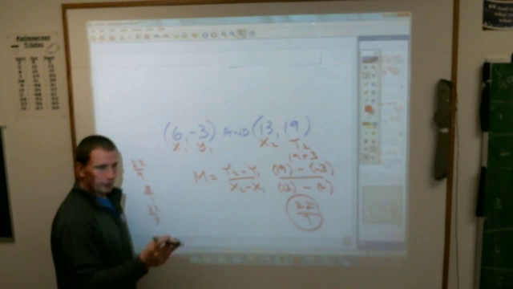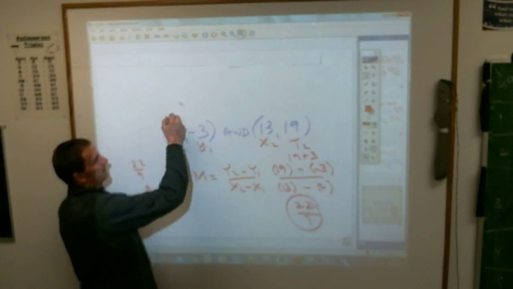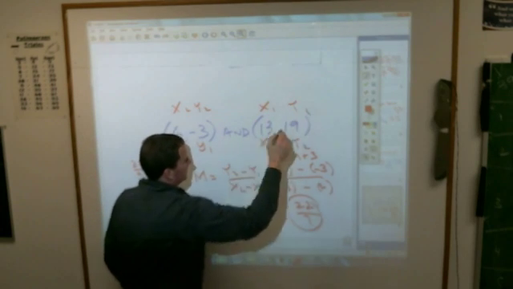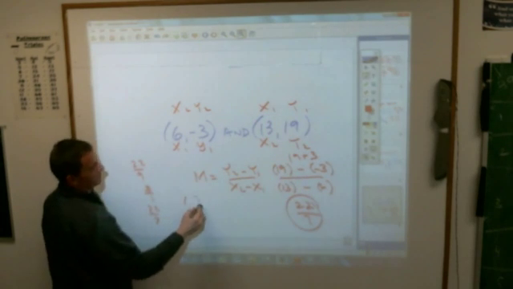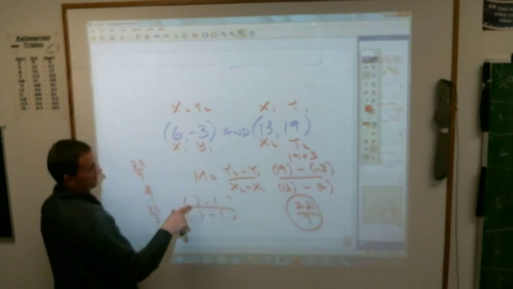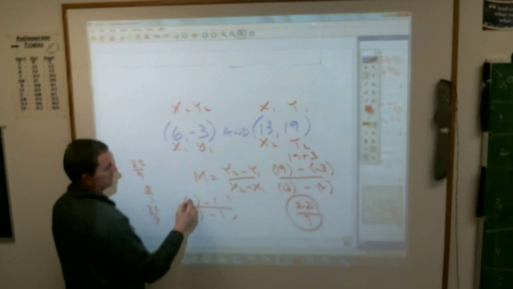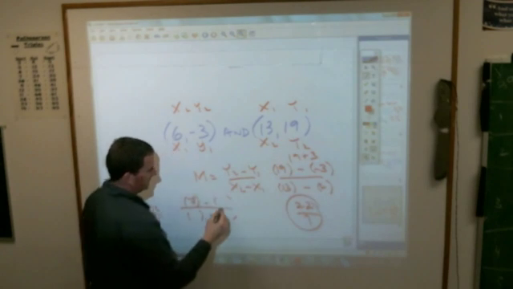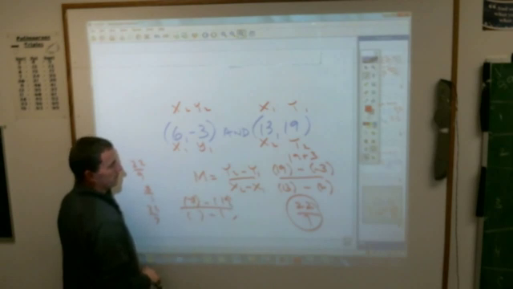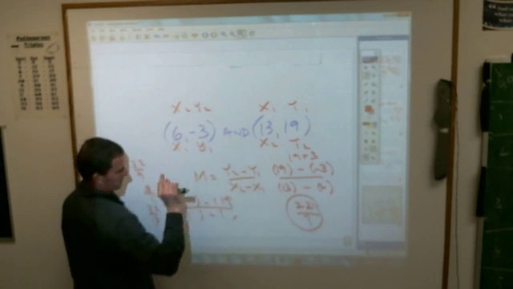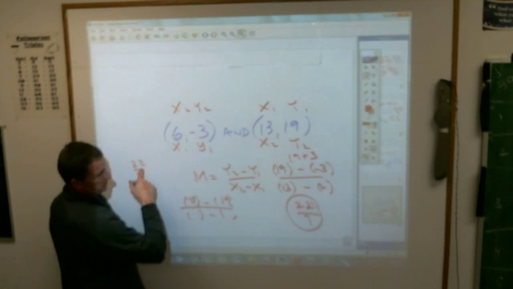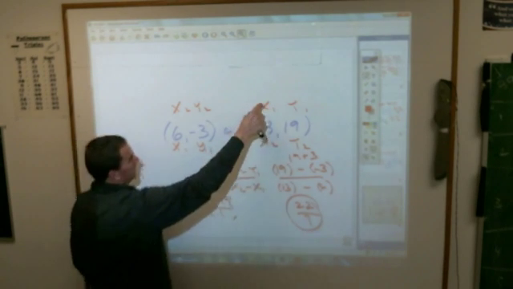Here, I will show you again that it doesn't matter. I'll make this x2, y2, and this x1, y1, and do the same exact thing. Parenthesis minus parenthesis over parenthesis minus parenthesis. I said this time that this was y2, so it ends up being a negative 3 minus 19 over, I said this was x2, oh, I'm sorry, yeah, this was x2.